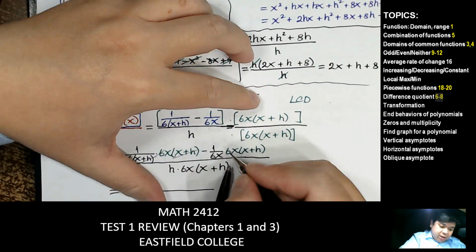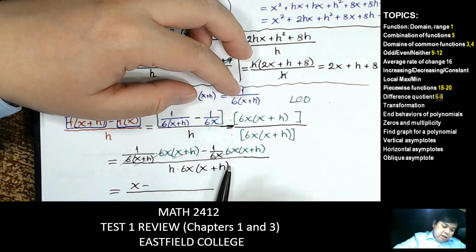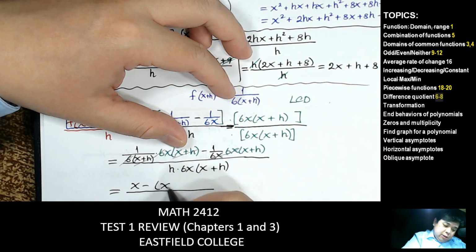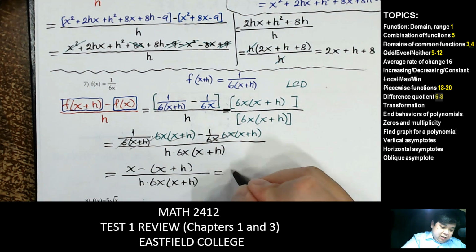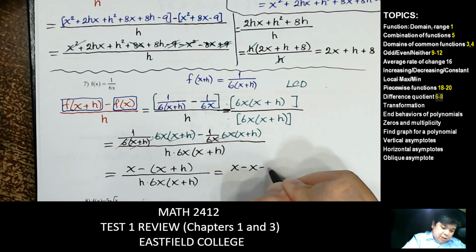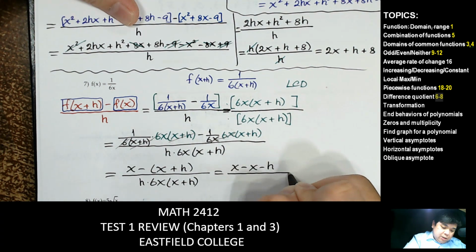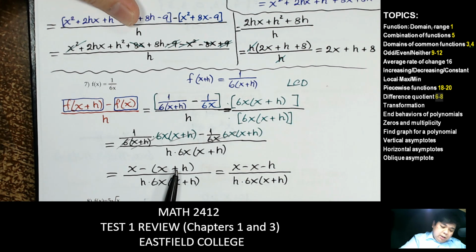Next, we have 6x cancel here and here. The bottom we still have h, 6x, x plus h. Right, I'll remove the parentheses. The bottom is still the same. Cancel the x.